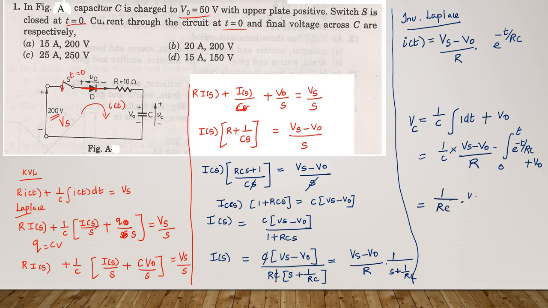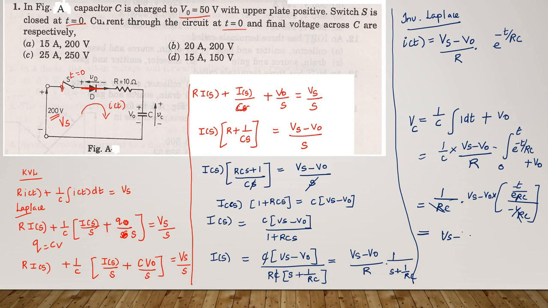1 by RC into (Vs minus V0) into e power minus t by RC, divided by minus 1 by RC. So this RC gets cancelled.